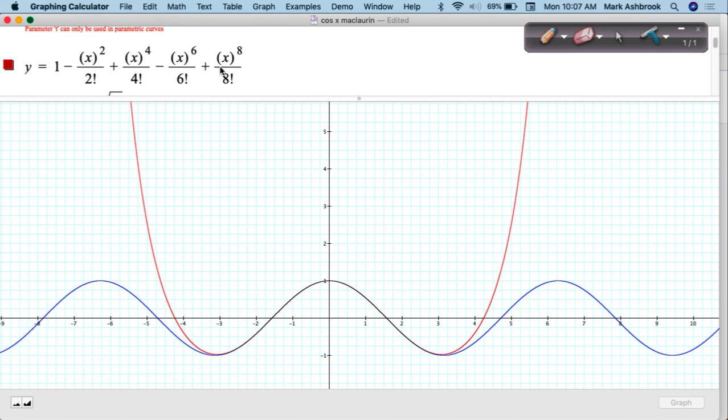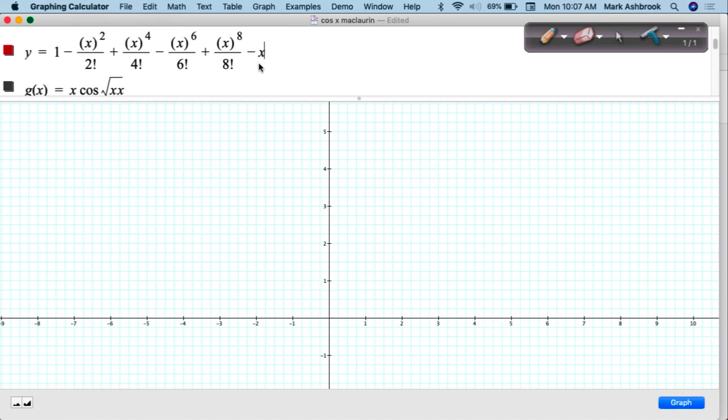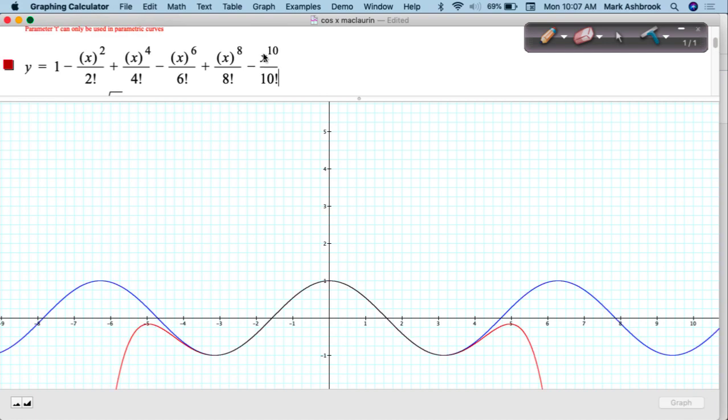If you keep adding these terms, minus x to the 10th over 10 factorial, plus x to the 12th over 12 factorial, minus x to the 14th over 14 factorial, you can see what these polynomials are doing. They keep wrapping on cosine x for a larger and larger interval around 0.